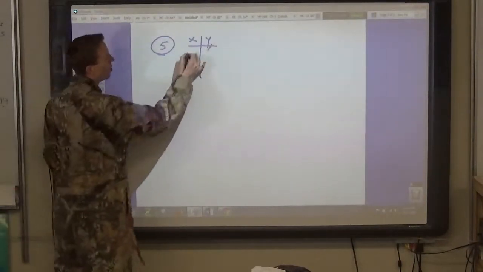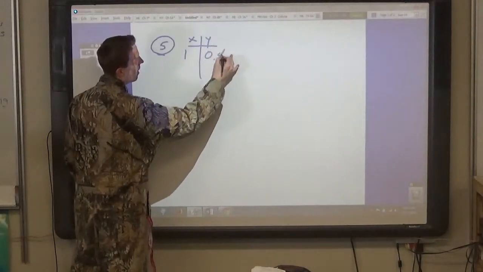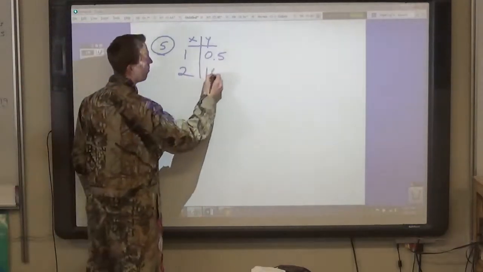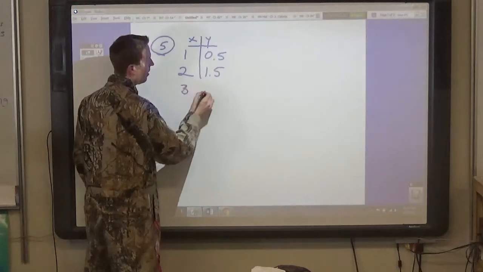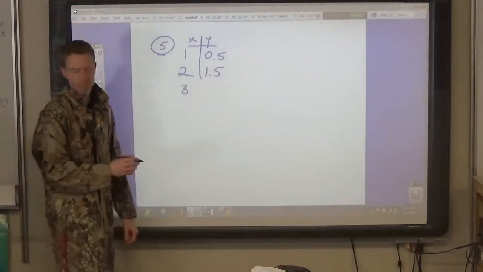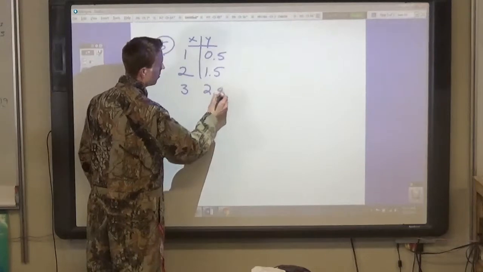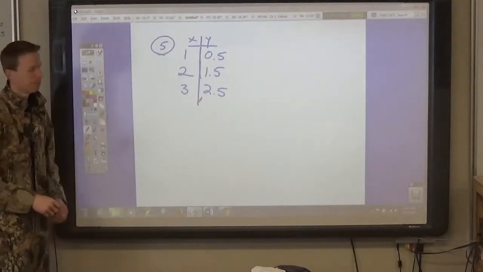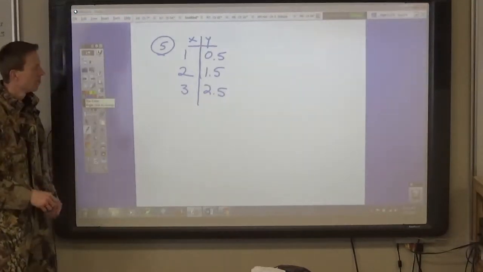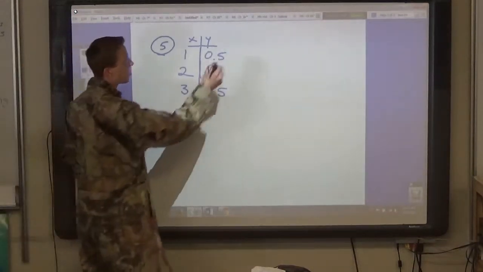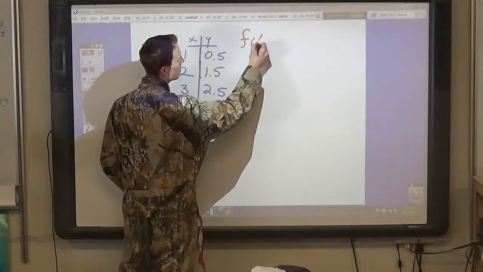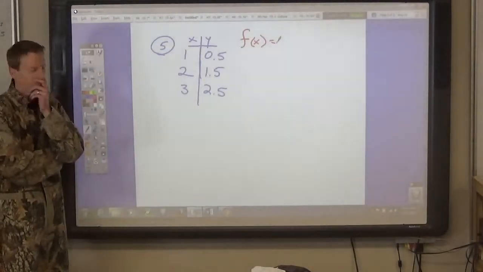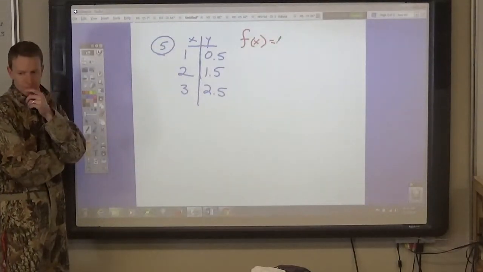And they give you 1 and 0.5, 2 and 1.5, 3 and 2.5. What do you have to do first? We're going to write a function rule. F of x equals what? It is x minus half.